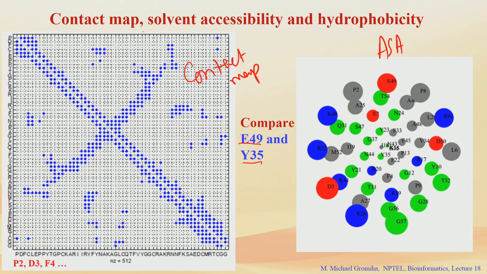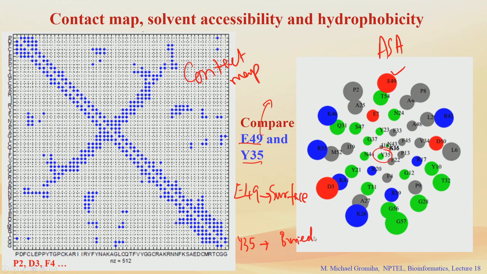We look into the accessible surface area where E49 is located: E49 is on the surface. How about Y35? Buried, inside. It is relatively buried.